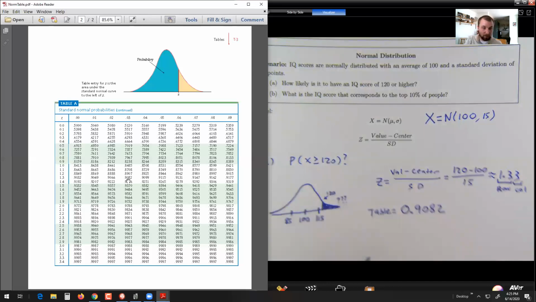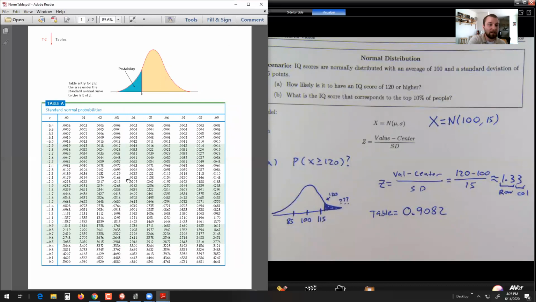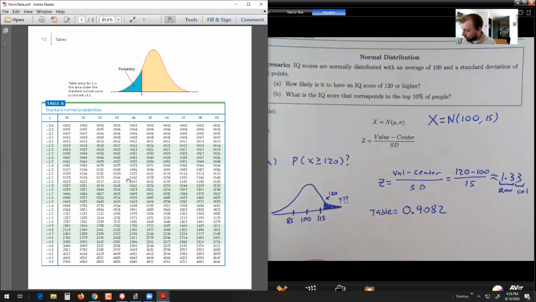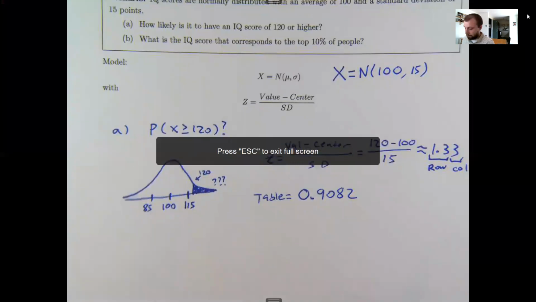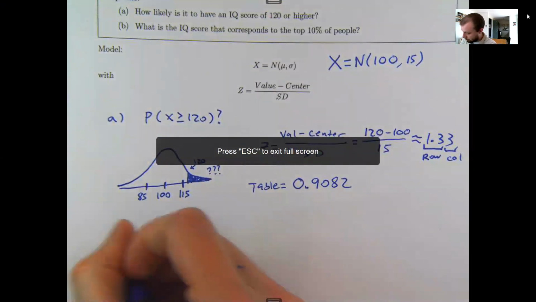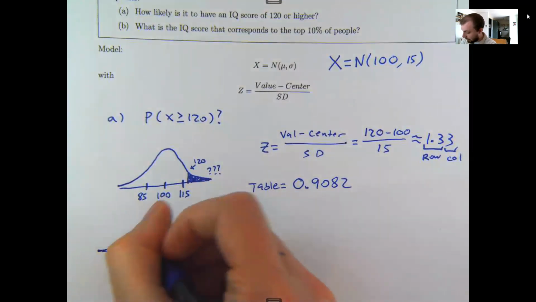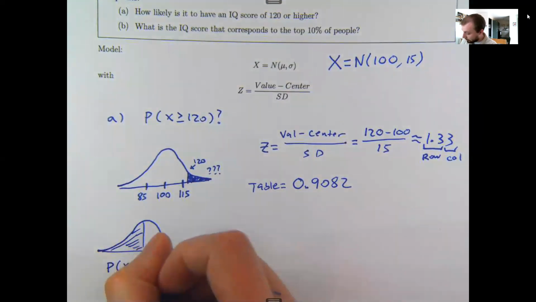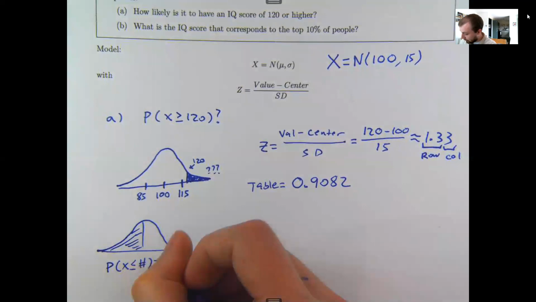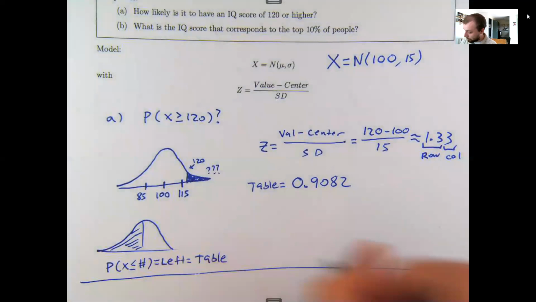Now, as you may have noticed, the table here is shaded to the left. If I look at the other side, the negative side, it's still shaded to the left. So a couple of things can happen. If your picture is shaded to the left, and it's going to be shaded to the left when it's less than or equal to some number, then your probability is going to be the value from inside of the table.